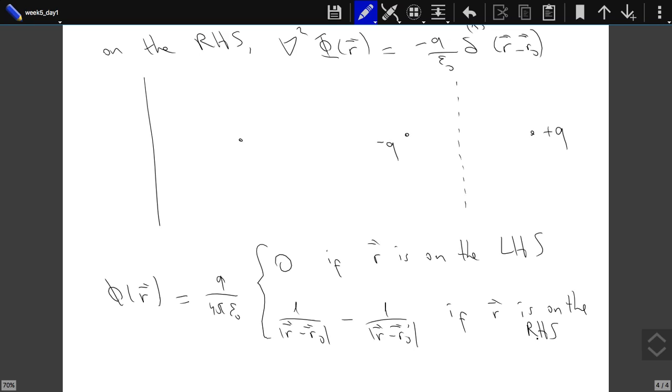So this function satisfies my Poisson's equation and my boundary conditions. So it is the solution.